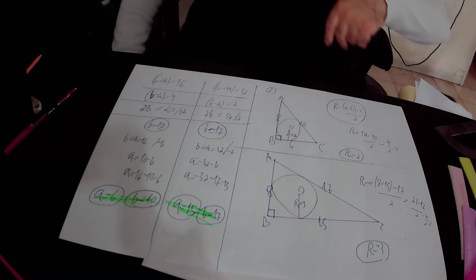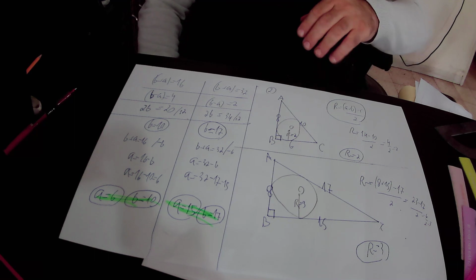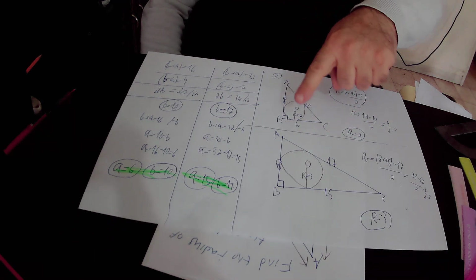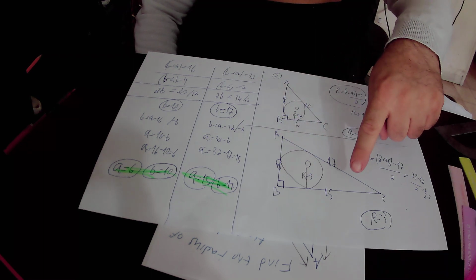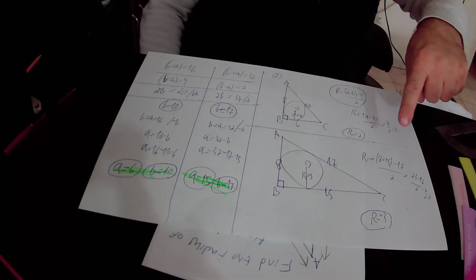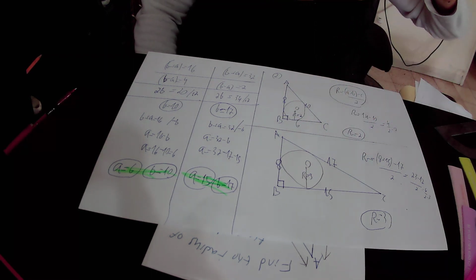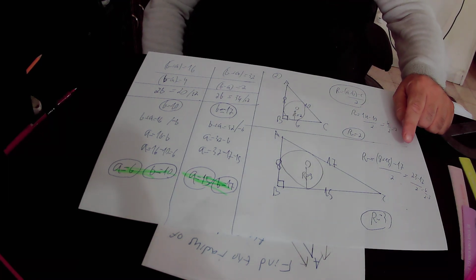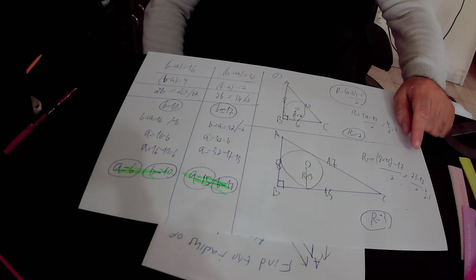And the second possibility is here r equals a plus b minus c over 2. A is 8, b is 15, so it is 8 plus 15 minus c, that is 17, over 2. 8 plus 15 is 23, 23 minus 17 is 6, and 6 over 2 is 3.